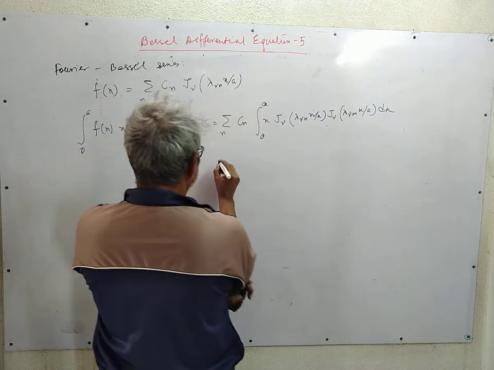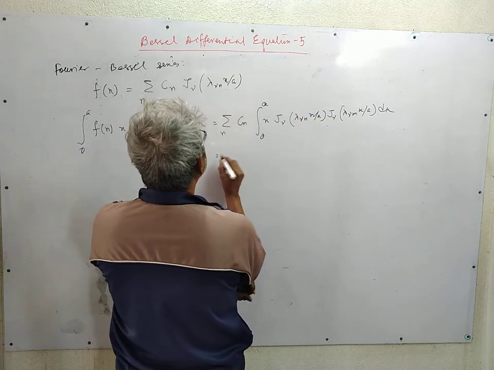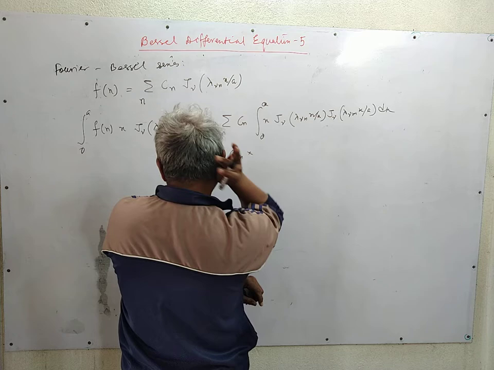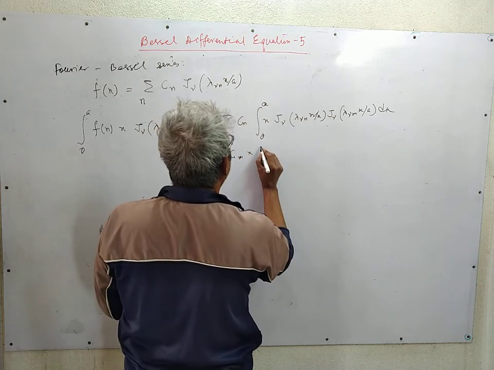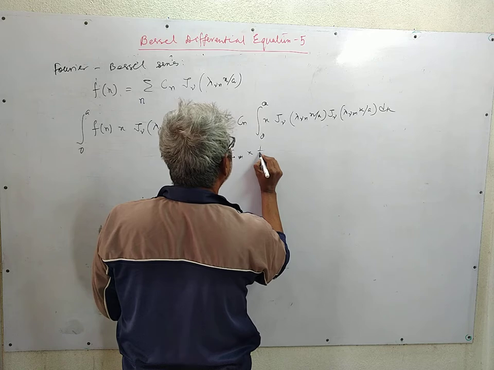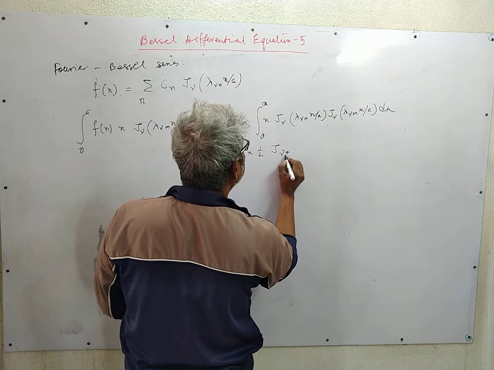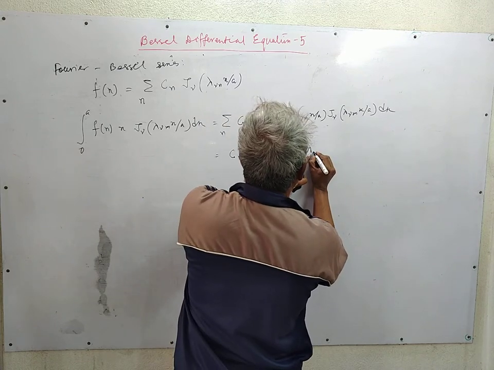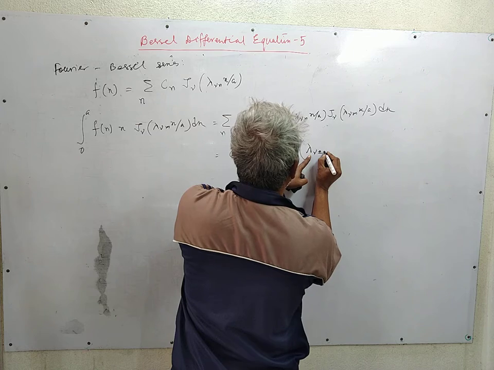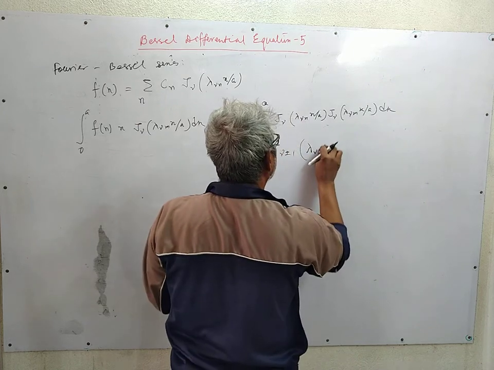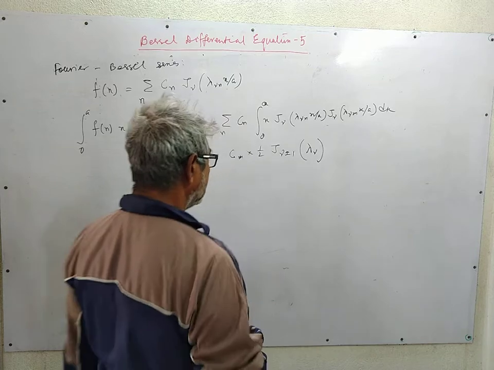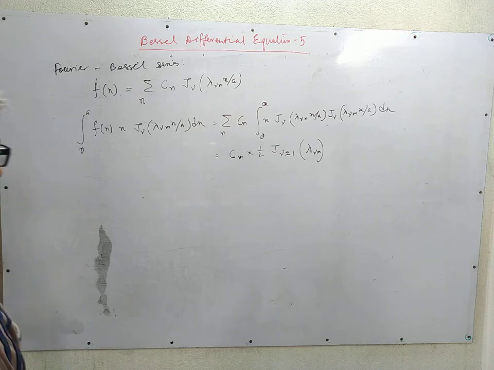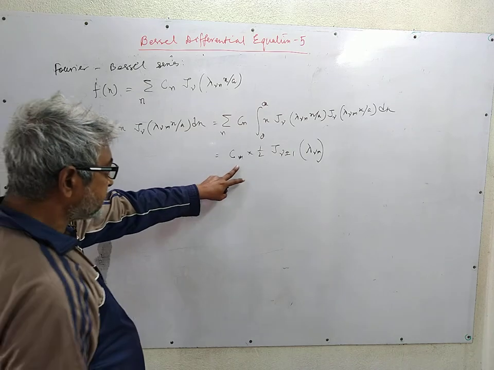So this satisfies it. This is c m, and the result is b square by 2 times j nu plus 1 of lambda nu m. This is the orthogonality relation, so we can find the expansion coefficient.